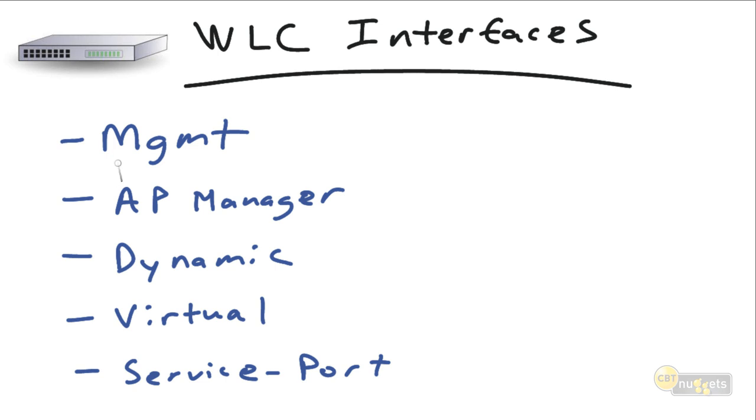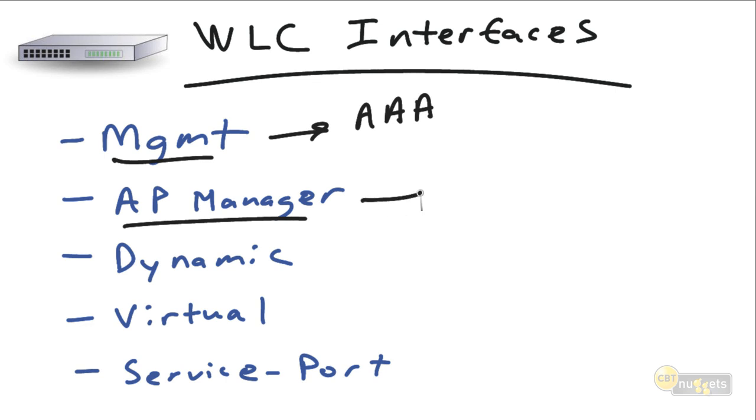There is a management interface. And what's the management interface all about? Well, that's for in-band management things that the wireless LAN controller will need. A great example would be communicating with a AAA server. Then there's the access point manager interface. What's that all about? Well, that's of course for communications with the access point.